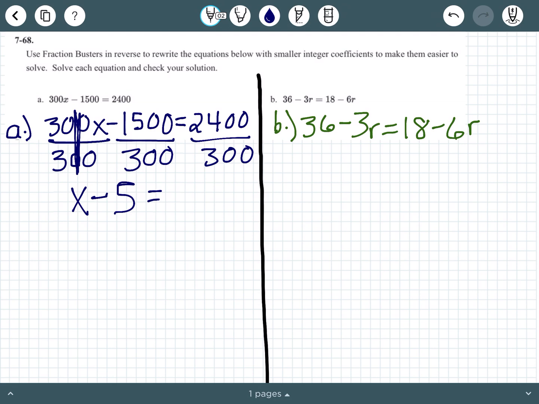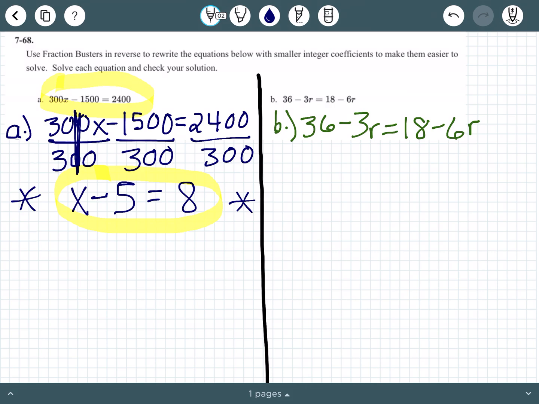And finally, 2,400 divided by 300, which would give me 8. So if you compare this equation to the original equation, I myself would much rather work with this equation right here. These numbers are much more manageable.